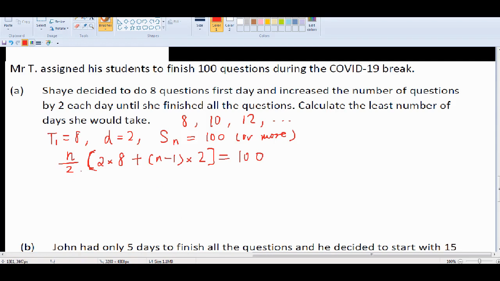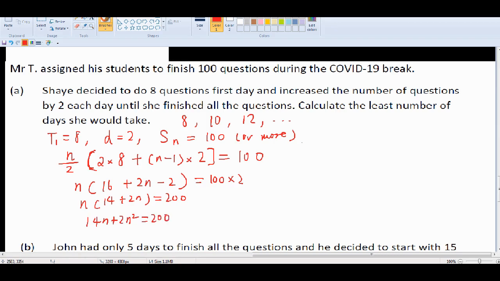Remember, normally we move that 2 to the other side as our first step, so we multiply 2 on this side. And we simplify the brackets, and then we multiply n into the bracket. Then we rearrange the terms to make it quadratic. Then you need to find n.